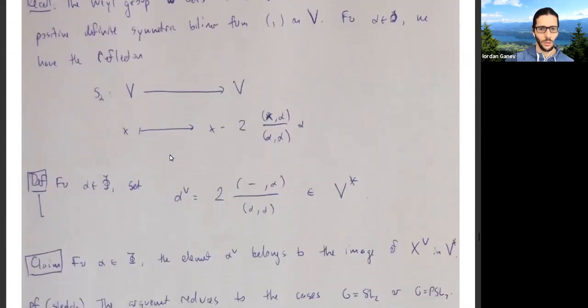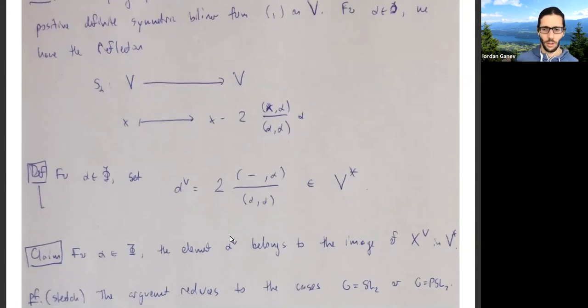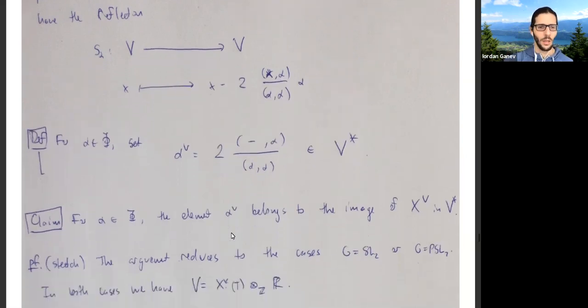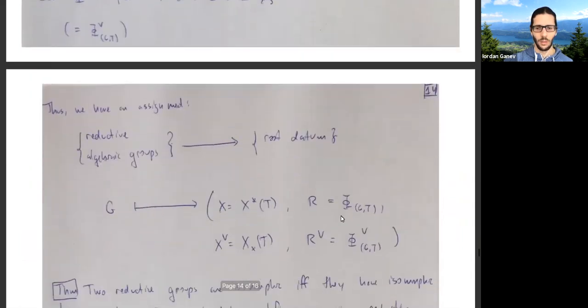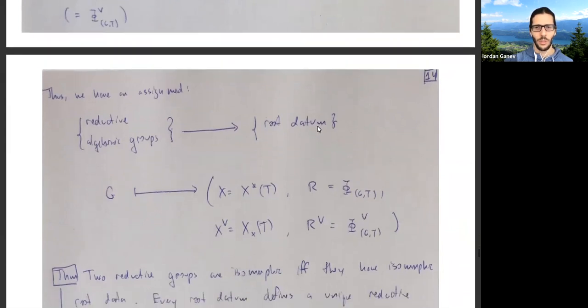Well, we need to do something to check that R check lives inside of the co-characters as opposed to just in this vector space spanned by them, but that's true. And so that lets us define the root datum of an algebraic group in the following way. Root datum is the singular, root data is the plural. I think I should have written root data here, but anyway.